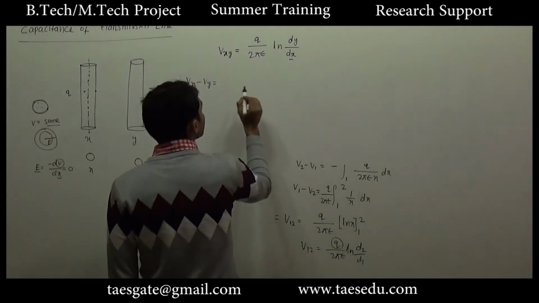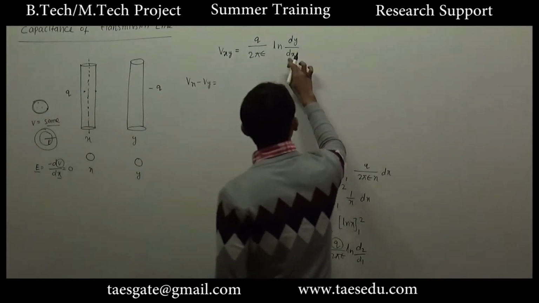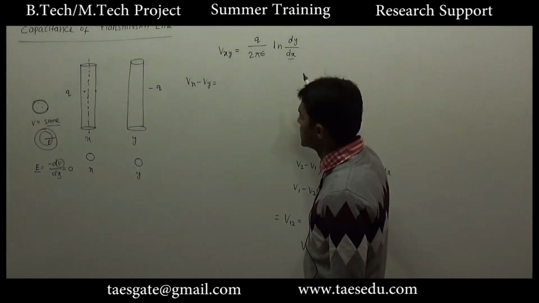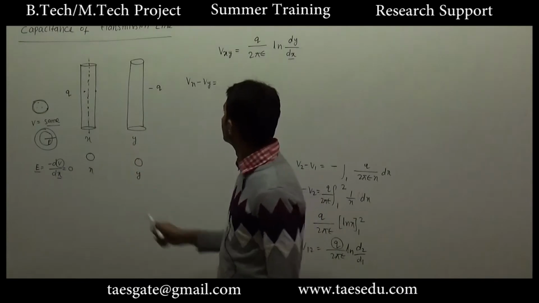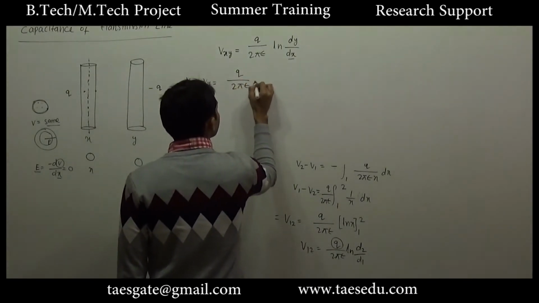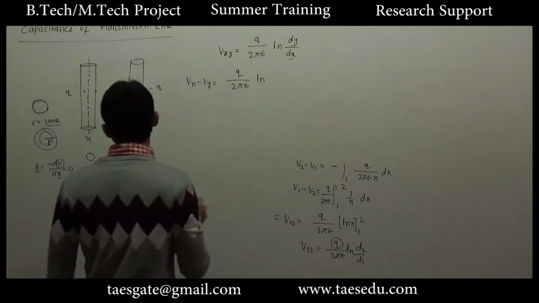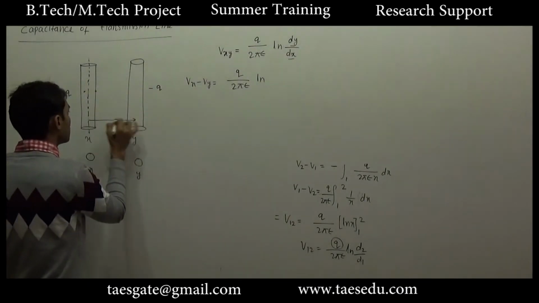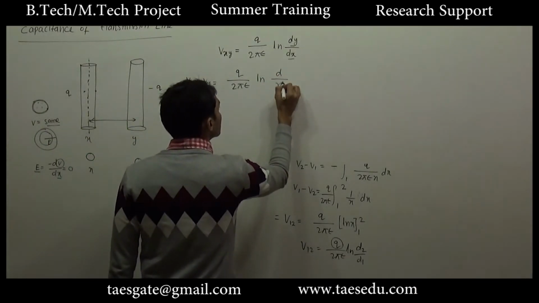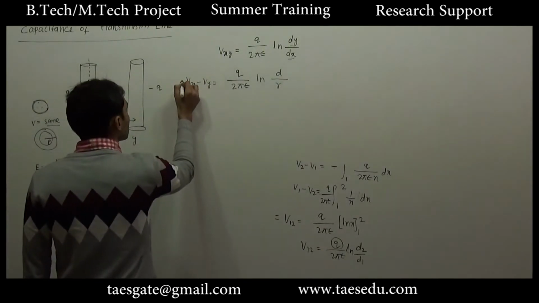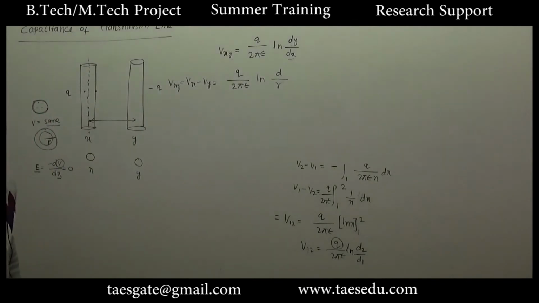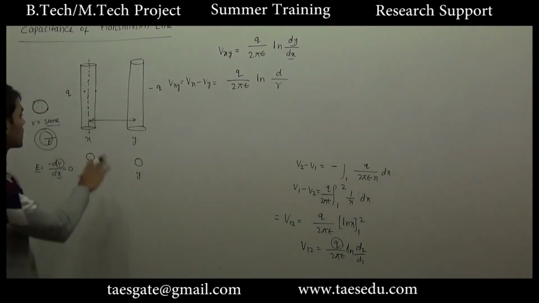I just wanted to explain why in place of dx we can take the radius of the first conductor. So we will have q divided by 2 pi epsilon ln, what is dy? Dy is the distance between these two conductors. Let us take this distance as d, divided by the radius of the conductor. So this is the potential difference between conductors X and Y due to the charge on conductor X only.